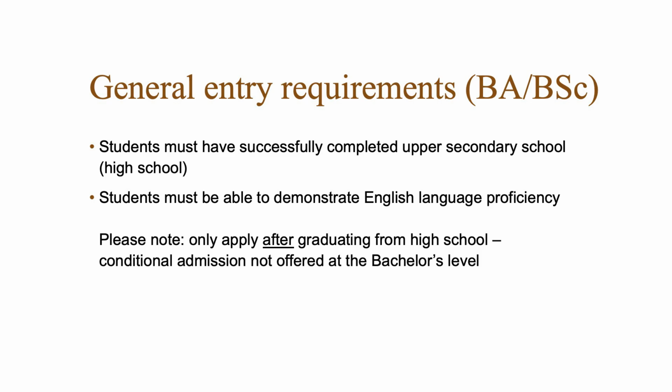Please note you must be able to prove that you have successfully completed your upper secondary school studies by the document deadline in early February in order for your application to be considered. Conditional admission is not offered for bachelor level studies, which means that you need to apply in an application round that fits time-wise with your graduation and when you will have your final degree document.